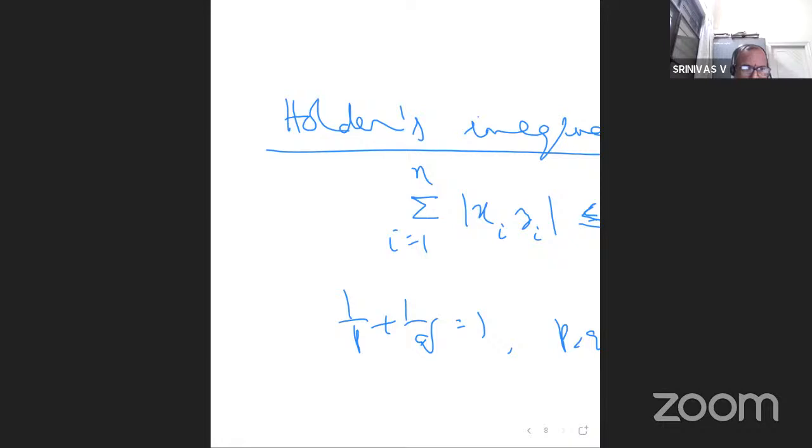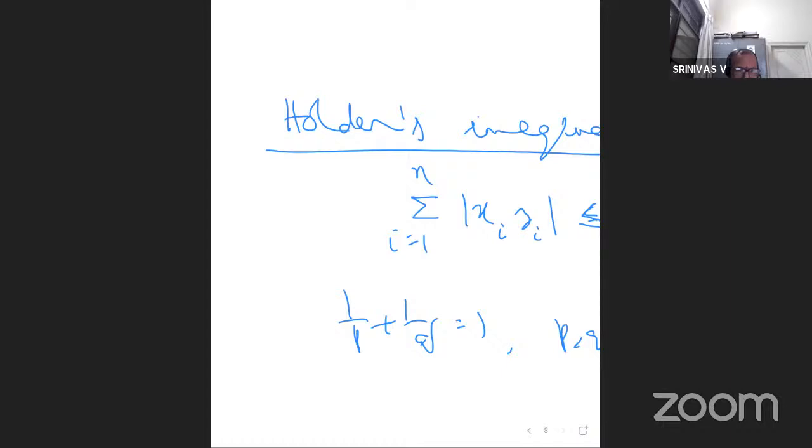And again, here in the next page there is a mistake, in the 7th line. Here this inequality should be less than or equal to.